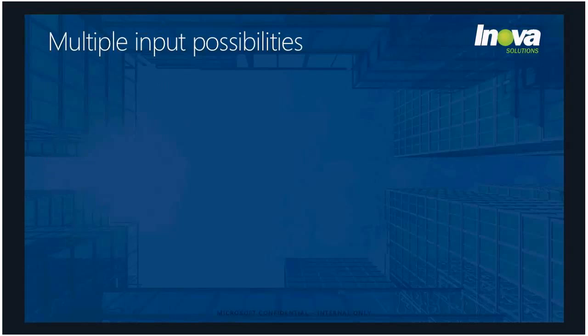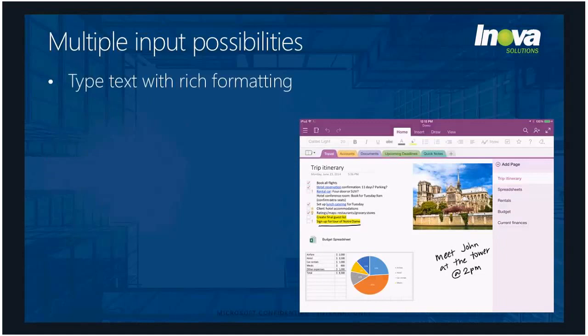Again, OneNote gives you multiple input possibilities. If you look at the picture on your right, you will see that at the left you have text with formatting. You have task lists, you can highlight, you can put in bold, in italics, you can create tasks with check marks and everything like you normally do in a Word document or any word processor document.